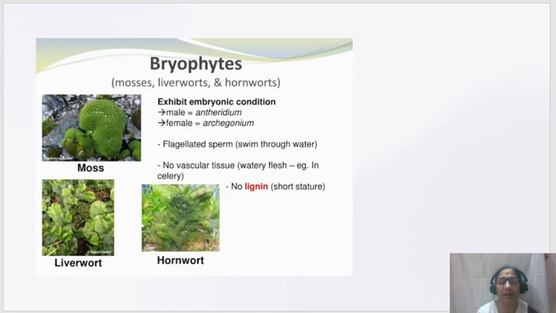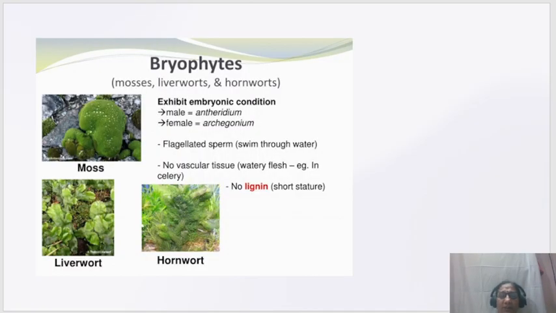When you see the mosses, liverworts, and the hornworts, the male sex organs are known as the antheridium, and the female sex organs are known as the archegonium. These antheridia and archegonia are present on special stalk-like structures, known as the antheridiophores in case of the male, and in case of the female, the archegoniophores.